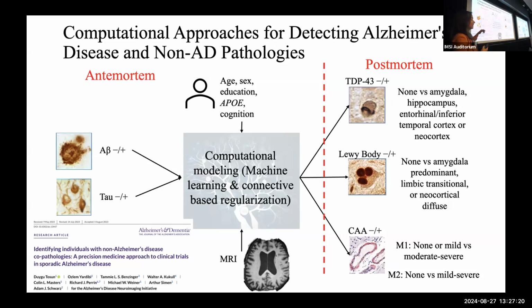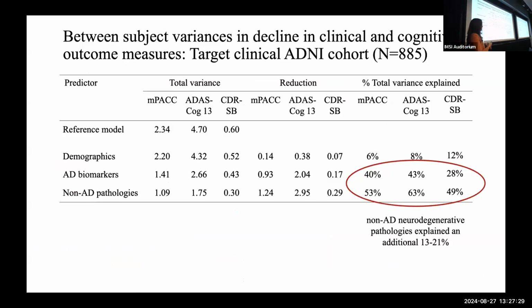We built models to impute the presence of some of these co-pathologies for individuals who are still alive and participating in our studies. And one of the questions we asked, going back to the earlier result I showed, was: can we explain more of the variance in their cognitive and clinical decline?